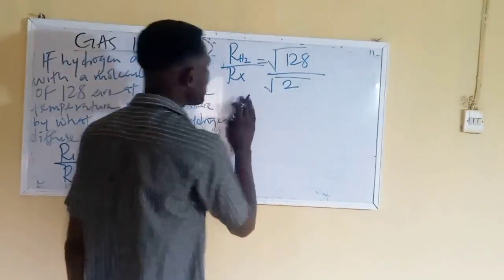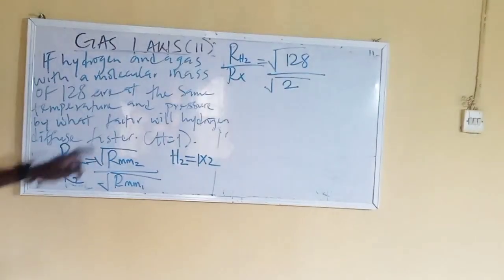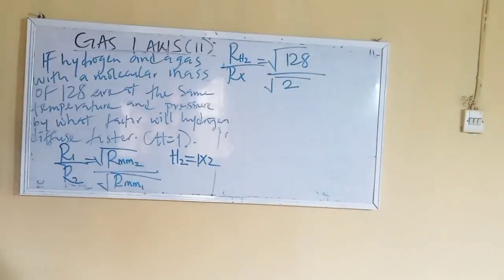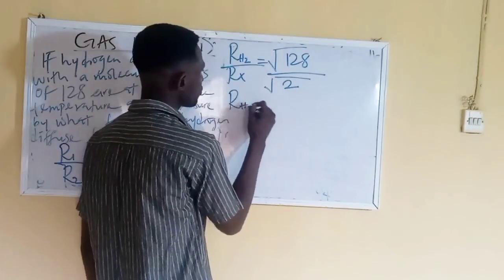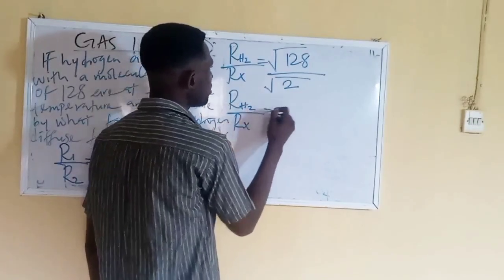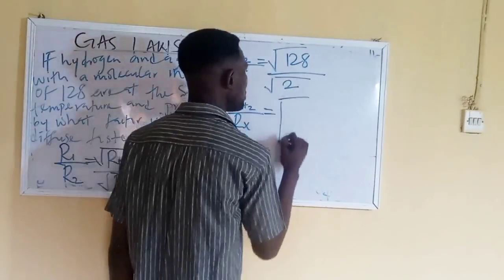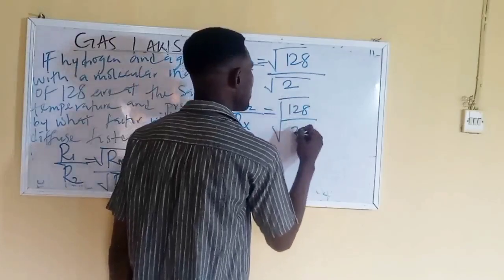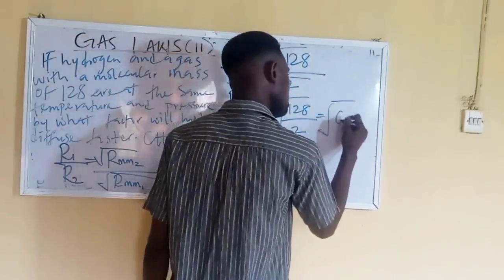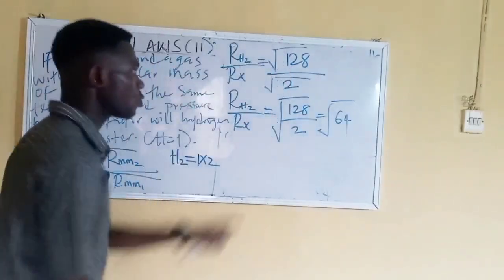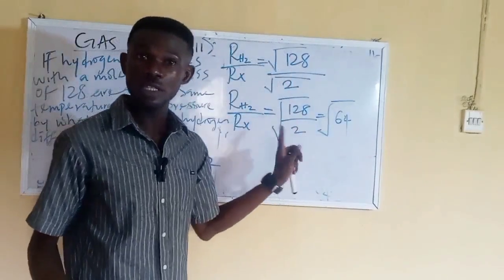So they said, by what factor will hydrogen gas diffuse faster? So that means you're going to have this as RH2 over Rx equals to, now this can also be written as root of 128 divided by 2, and this is also written as root 64, because 128 divided by 2 is actually 64.